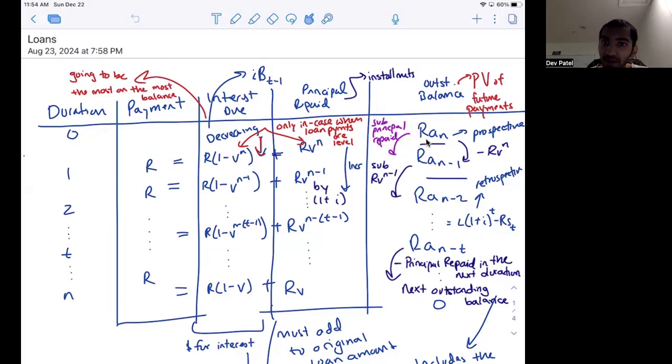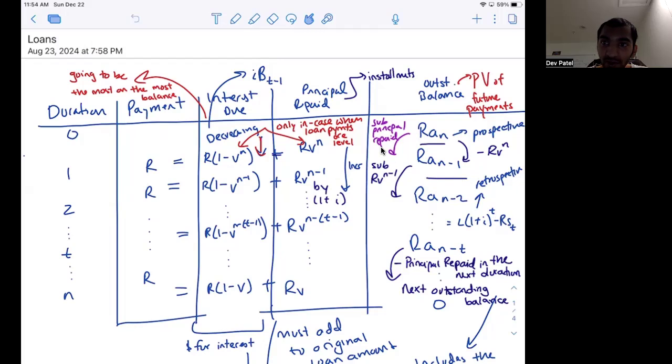Another way to go about this is to accumulate the outstanding balance with the appropriate interest, and then subtract the payment. This is what we call the retrospective method, where we take the original loan amount, accumulate it by interest for t years, whatever the time period you're looking at, and subtract the accumulated amount of the payments that you have made, and that will get you to your outstanding balance.